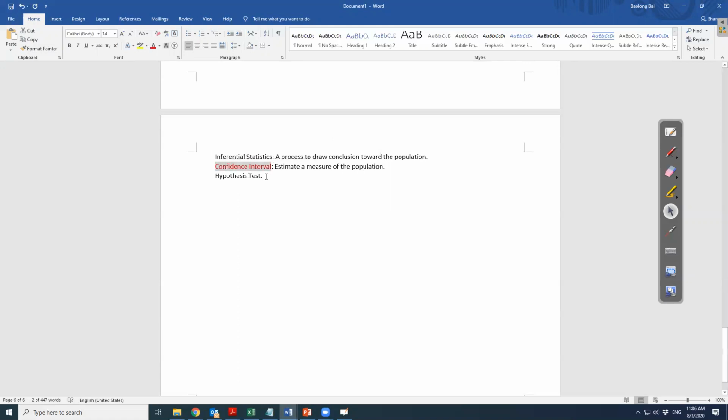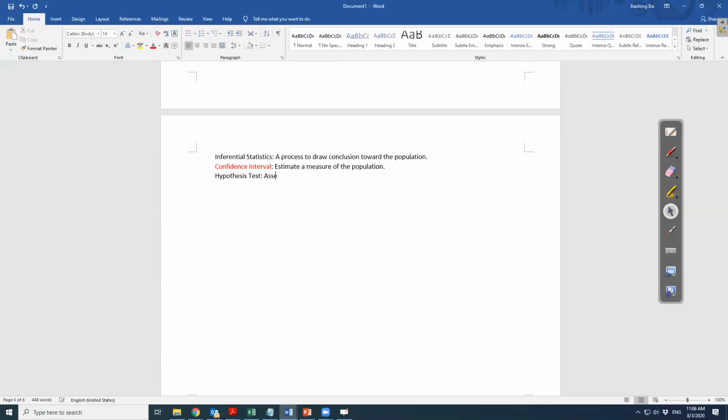On the other hand, if someone makes a claim about a population, like if I'm saying I think the average debt of MSU students is higher than $30,000, so there's a claim. Then how do we know if that claim is true or false?